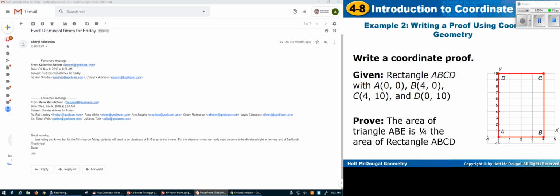Maybe use, let's go to the back here, on the back of the notes, far right-hand corner, scratch out the directions that are there and write these directions down. Okay, so I'm going to give you a couple minutes to write this down. So we're going to write a coordinate proof, given this, prove this, and you can use the graph you have right here on the right.